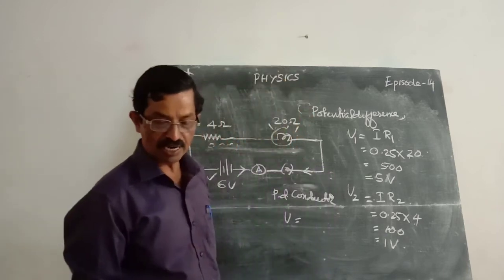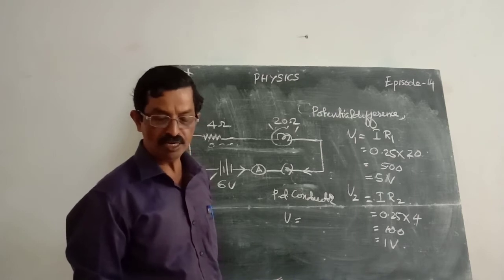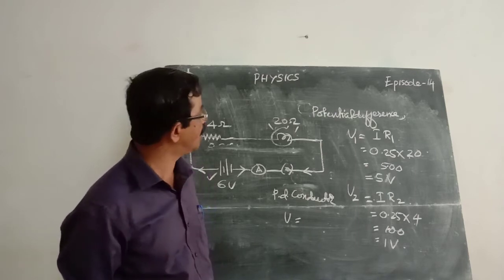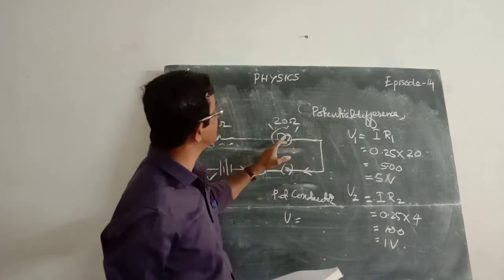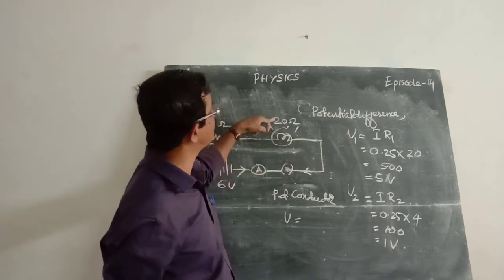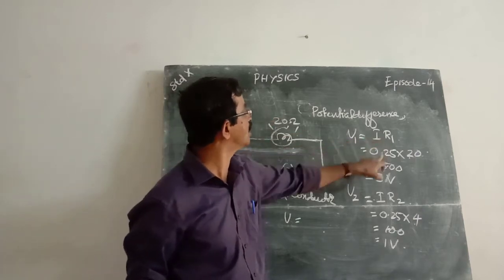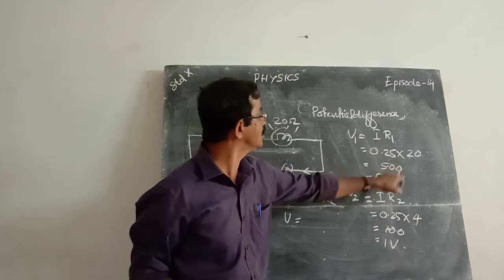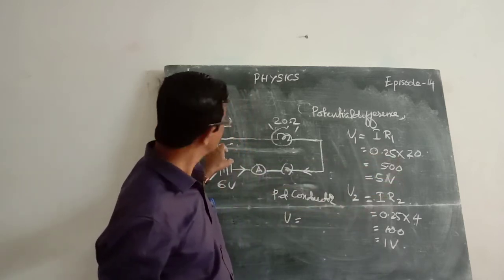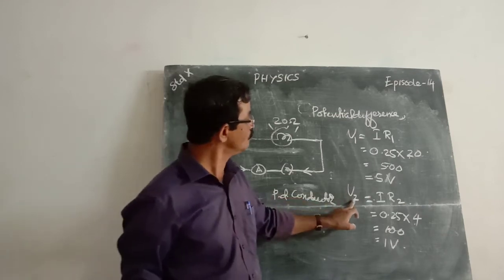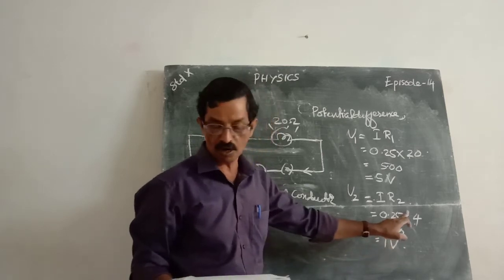Second, the current. Third, the potential difference across the electric lamp: with resistance R1 and potential difference V1, V1 is equal to I R1, the current being the same. And next, the potential difference across the conductor, V2 equals I into R2, which we got as 1 volt.